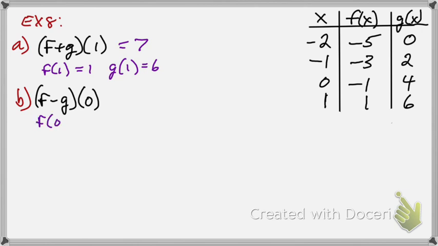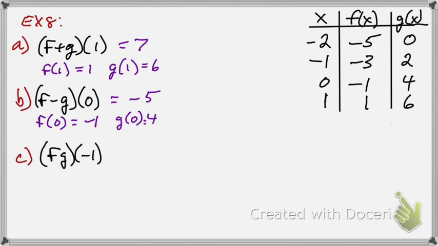So f at 0 is -1. G at 0 is 4. So I've got -1, subtract 4, -5. Let's look at a multiply then.